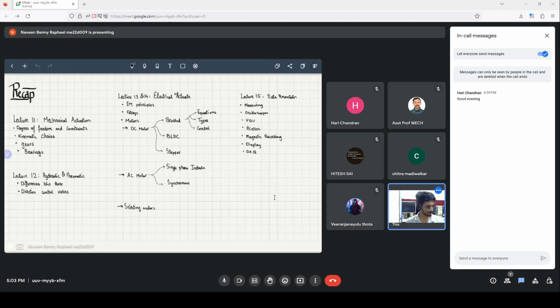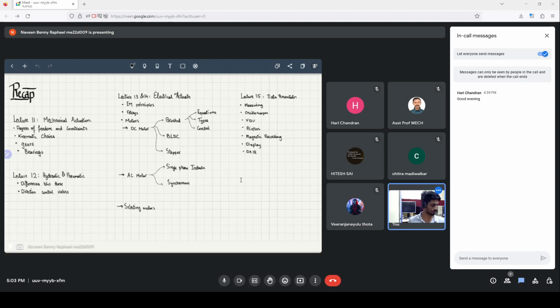So hence how I've explained it here. And then sir gave us a lot of questions on how to select the ideal motor for an ideal application. That's the brief overlook of lectures 13 and 14.